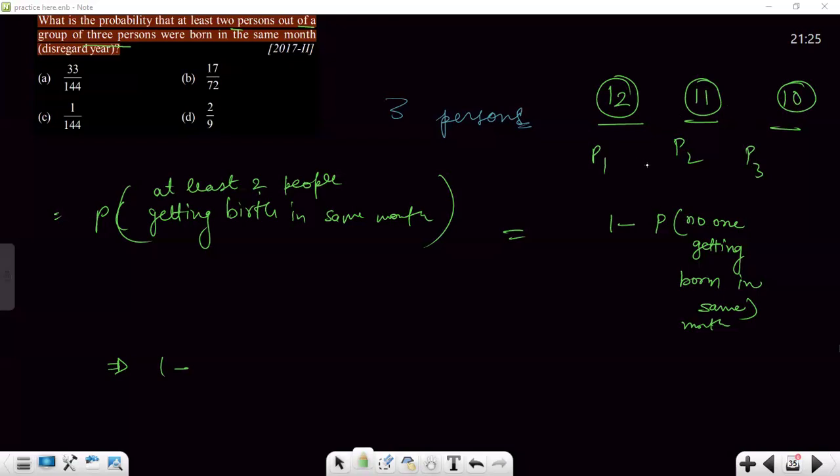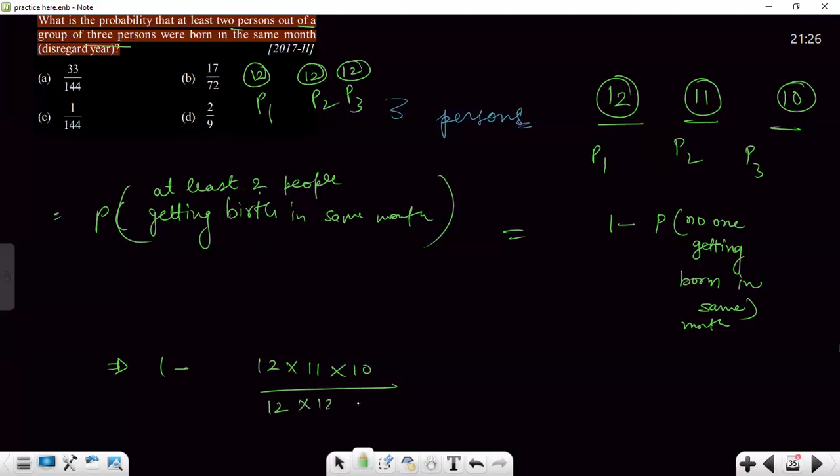Yes, sir. So the probability here: the favorable number of outcomes are 12 into 11 into 10. What if there are no conditions? Then the first person has 12 choices, the second person also 12 choices, because they can be born in any month.